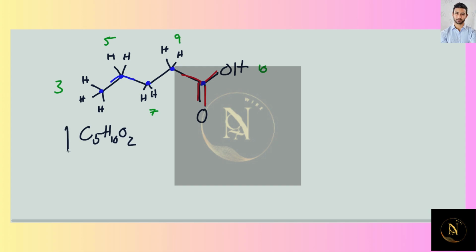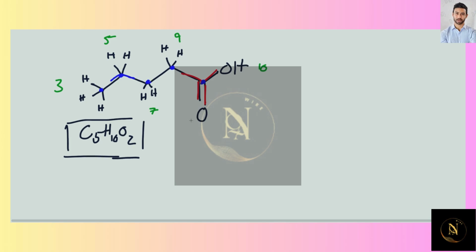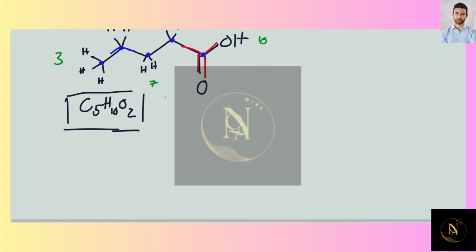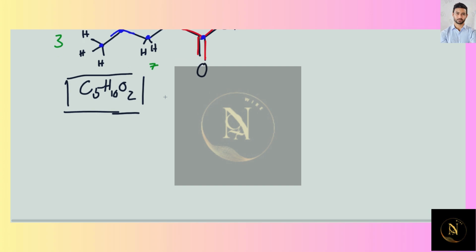Okay, so this is our formula for pentanoic acid, and this is what we need to write a balanced chemical equation that shows the formation of pentanoic acid. And so we're going to have carbon, solid, plus oxygen, which is O2, a gas.